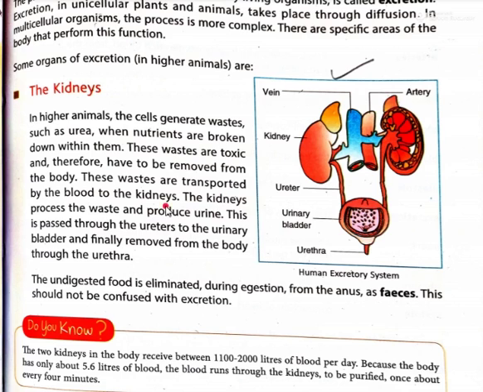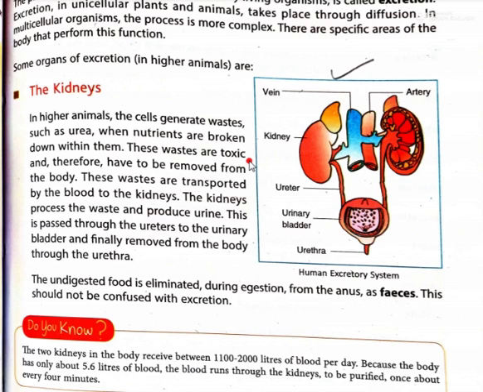These wastes are transported by the blood to the kidney. When blood flows from the heart to the body parts, one body part is also the kidney. It enters the kidney also, providing oxygen to the cells and taking out waste.